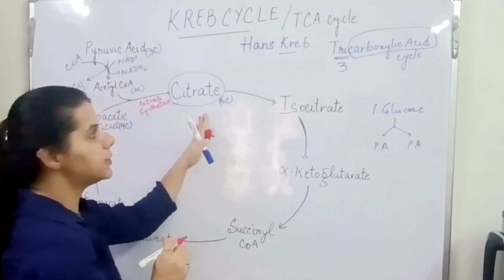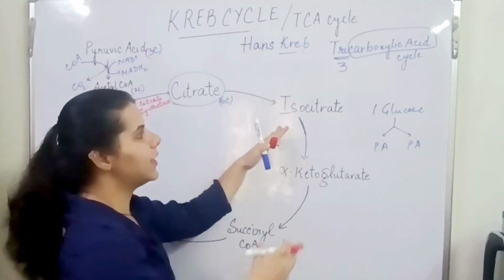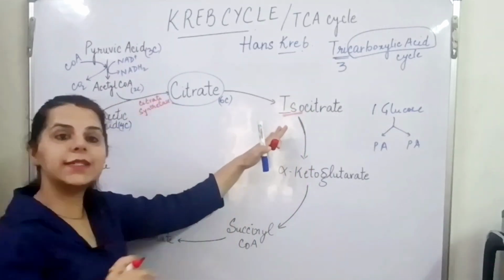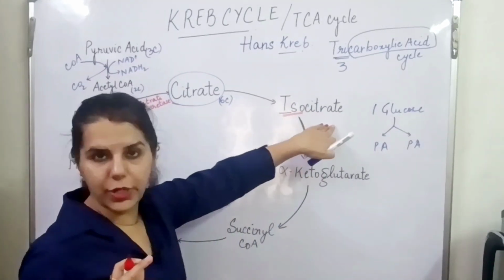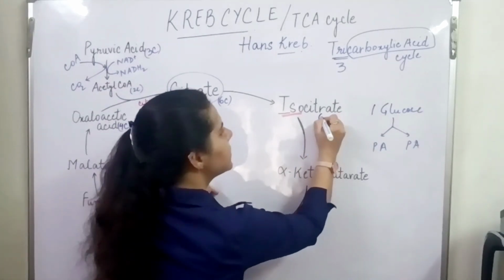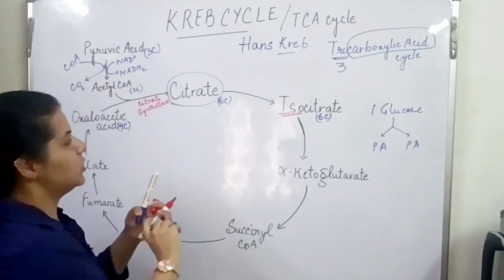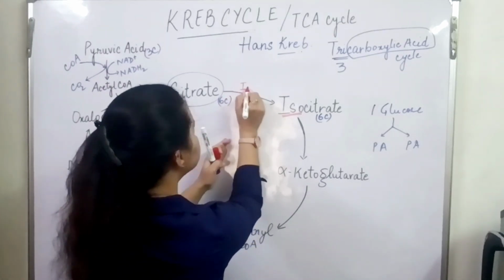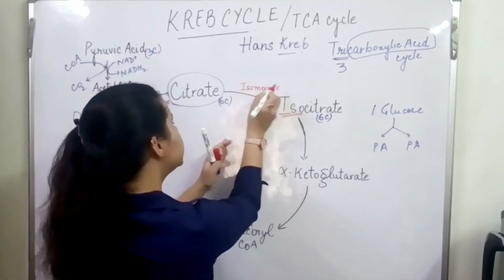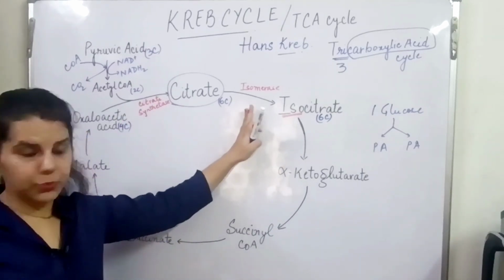Now this citrate will again get converted into its isomer, that is isocitrate. So iso suggests that it is the isomeric form of citrate or citric acid. Again, it is a 6-carbon compound, and the enzyme which is acting here is isomerase. Now this enzyme is also known as aconitase, right? But I am writing isomerase over here.